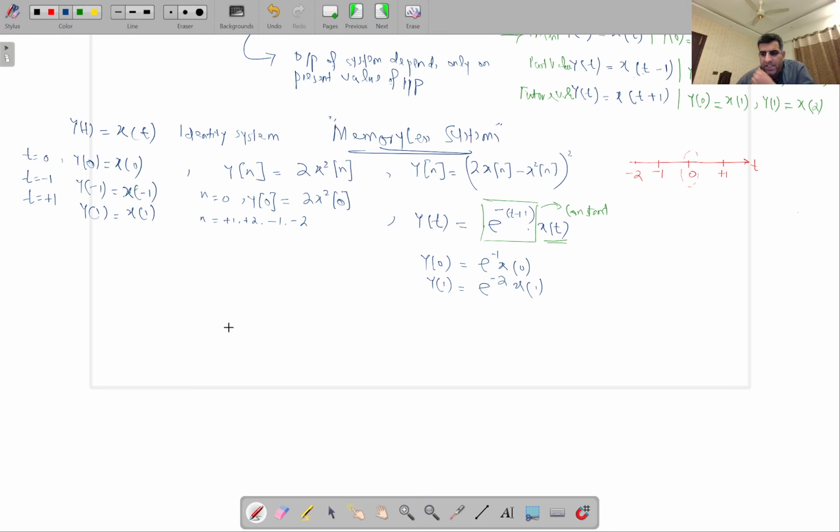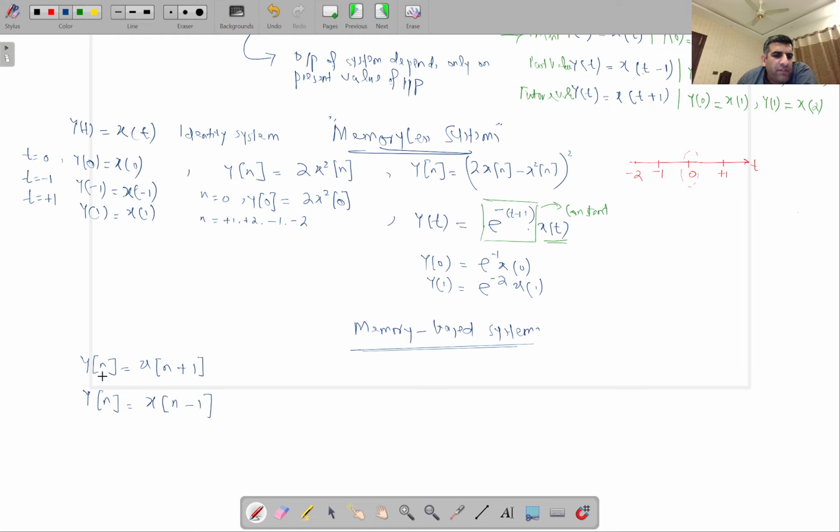Okay, so now let's turn to examples of a few memory-based systems. Okay, the first obvious example, which we have already discussed, is simply an advanced system, or y of n is equal to x of n minus 1, which we have already discussed.